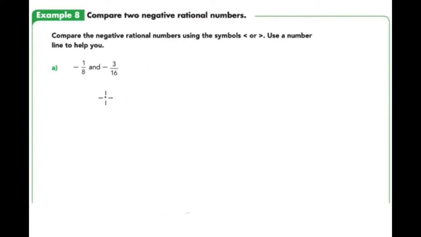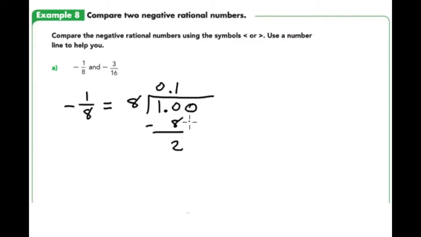For method 2, we'll be changing these into decimal form. So we'll start with the negative 1/8. To set this up, the 1 would go inside and 8 would be outside. 8 cannot go into 1, so we add a decimal and a 0, but 8 goes into 10 once.